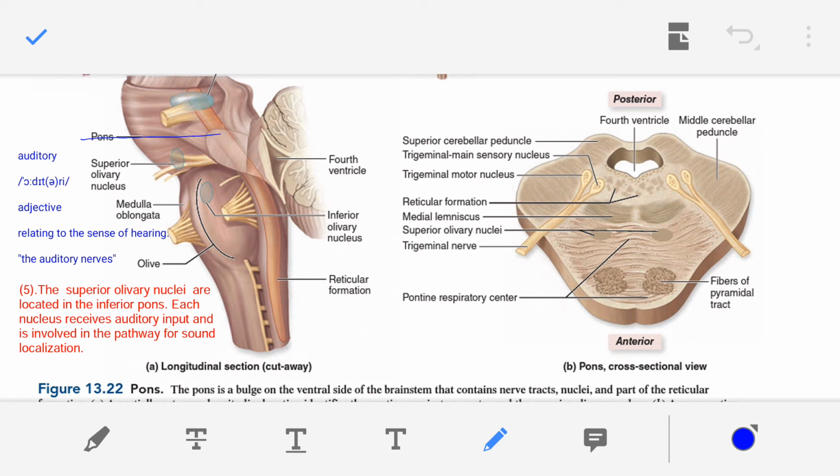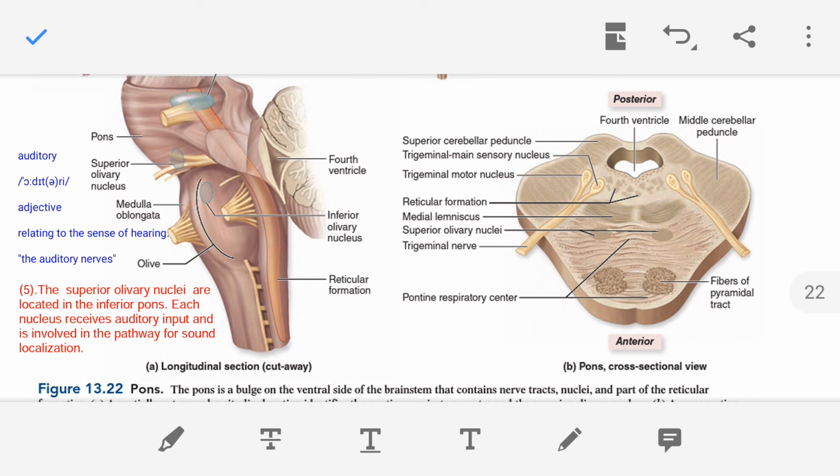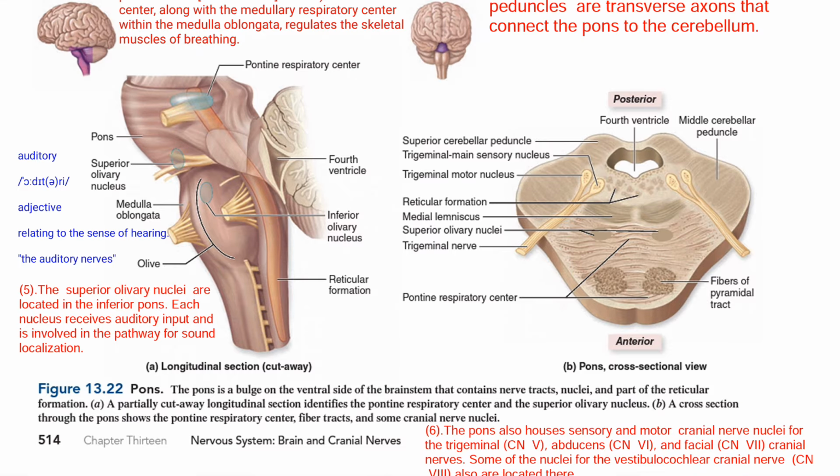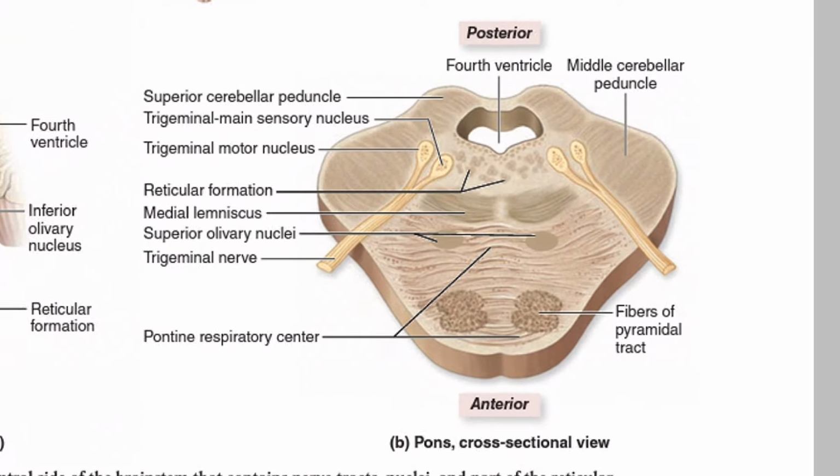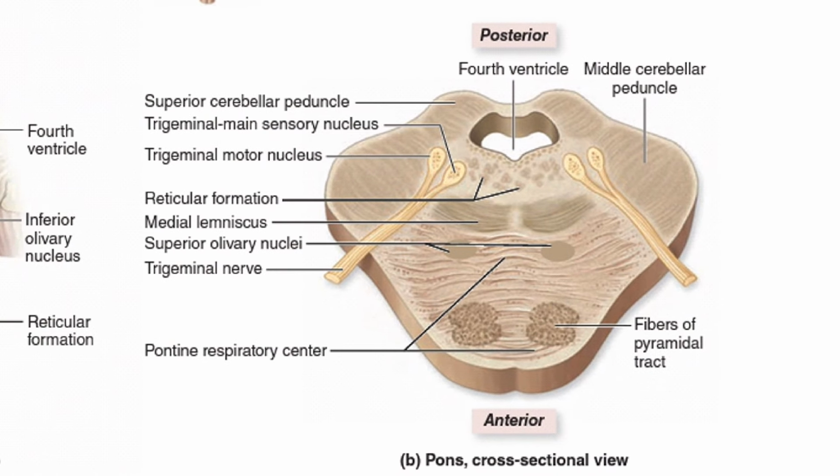If we take a cross section of the pons and observe it under the microscope, the cross section will look like this. So this is the cross section of the pons, and all the names are important for you. Try to remember all the names.